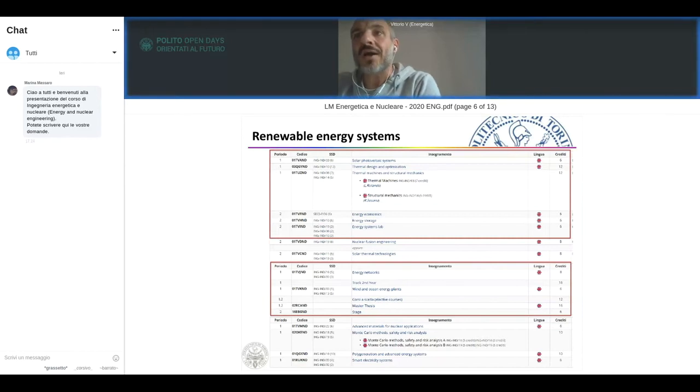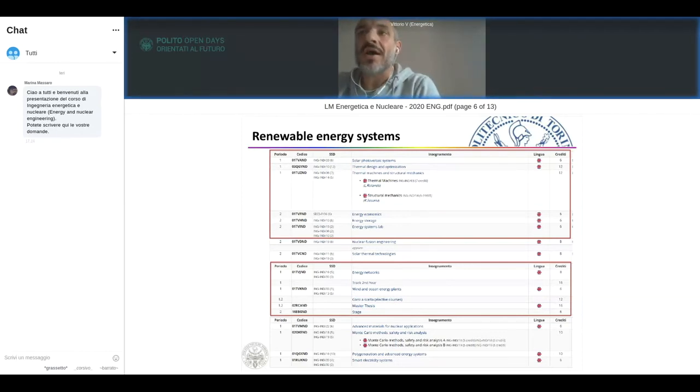You see that there are courses on solar photovoltaic, here about thermal design and optimization, thermal machine together with structural mechanics, some energy economics, energy storage, energy system lab, that's a laboratory course, energy networks, wind and ocean energy plants. Then there are some elective courses. And also, as I mentioned, together with the mandatory internship and master thesis, you can select between two different tracks.